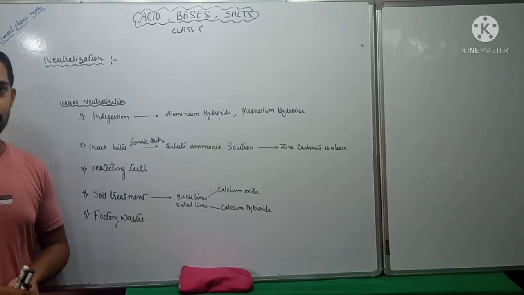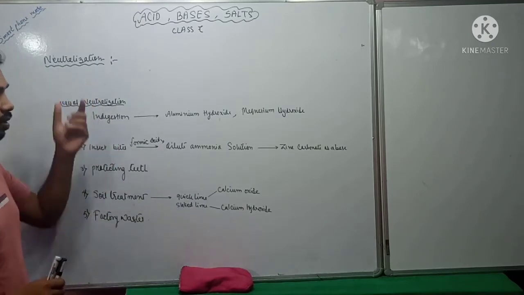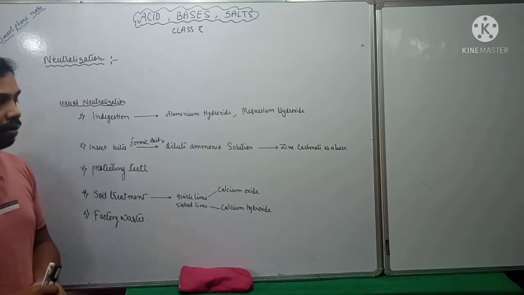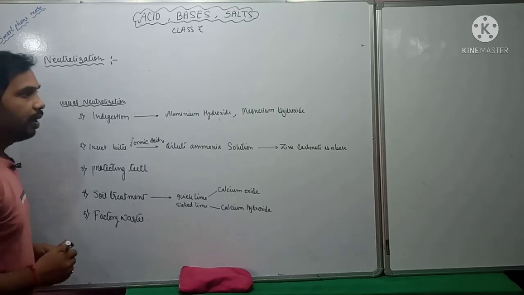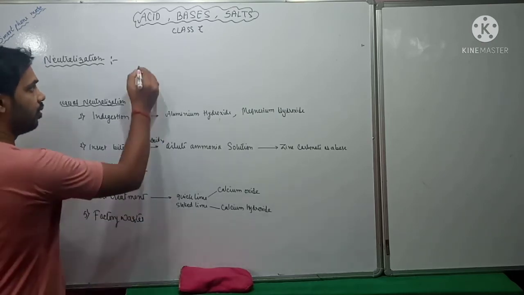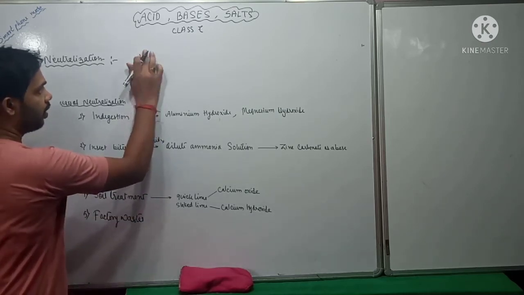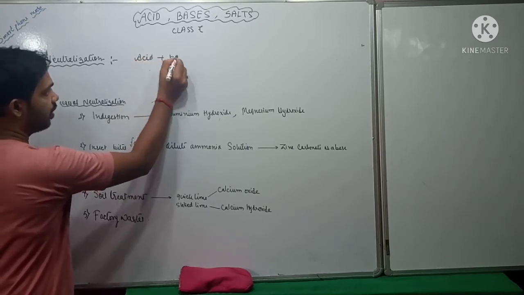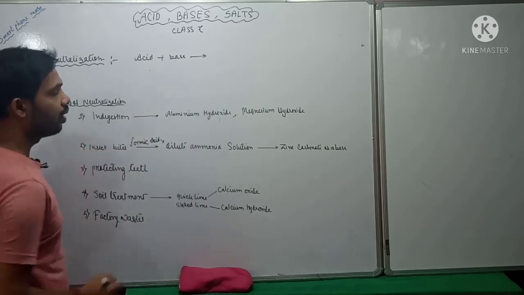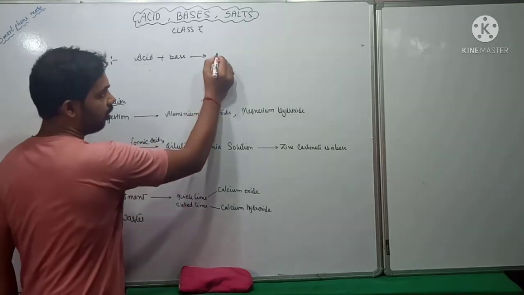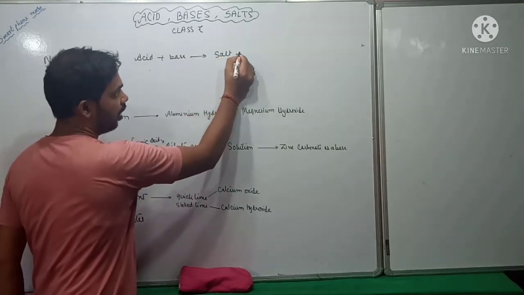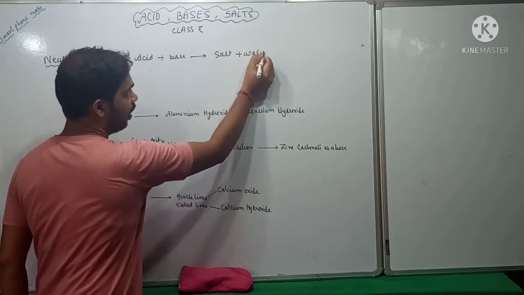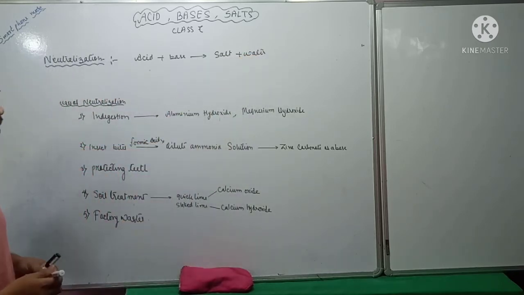Students, now we are going to discuss neutralization. What is neutralization? When acids and bases react together, they form salt and water, and this reaction is known as a neutralization reaction.